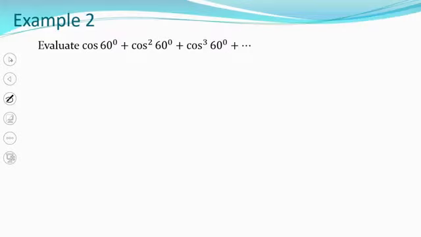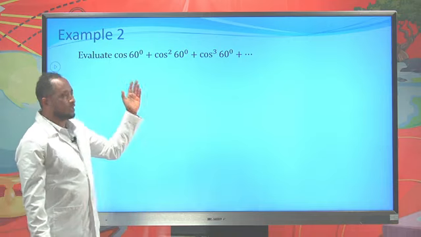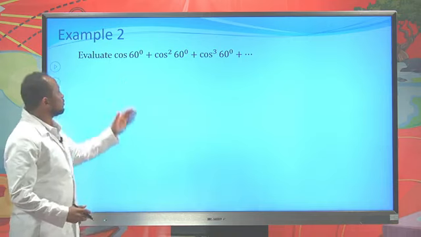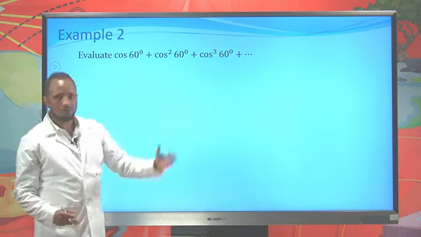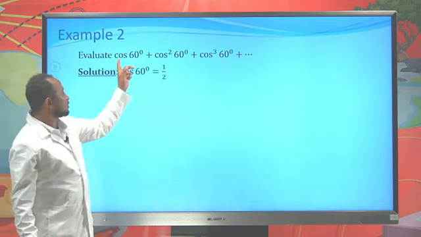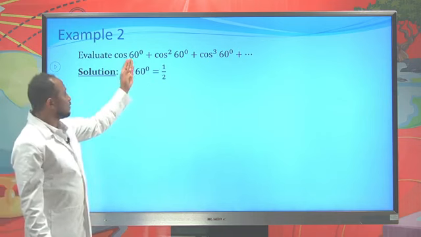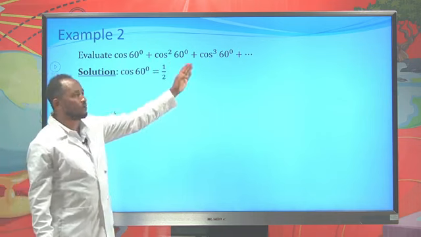Example 2. You are asked to evaluate cos 60 degrees plus cos squared 60 degrees plus cos cubed 60 degrees, and it goes on like this. To find this infinite sum, first we need to see the terms of this series. Since cos 60 is 1 over 2, this means 1 over 2 plus 1 over 2 squared plus 1 over 2 cubed, and it goes on.